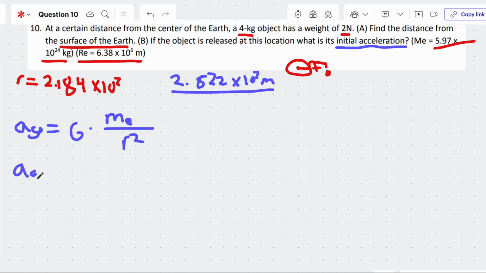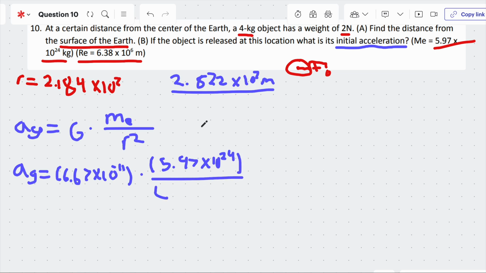Okay, so acceleration of gravity equals 6.67 times 10 to the negative 11th times mass of Earth, 5.97 times 10 to the 24th, divided by our radius squared, which is this value, 2.822 times 10 to the 7th.